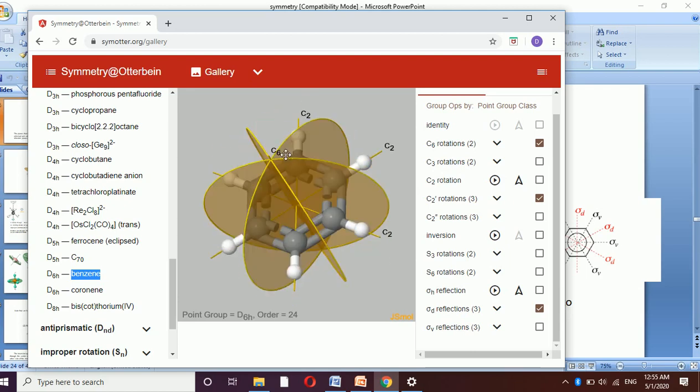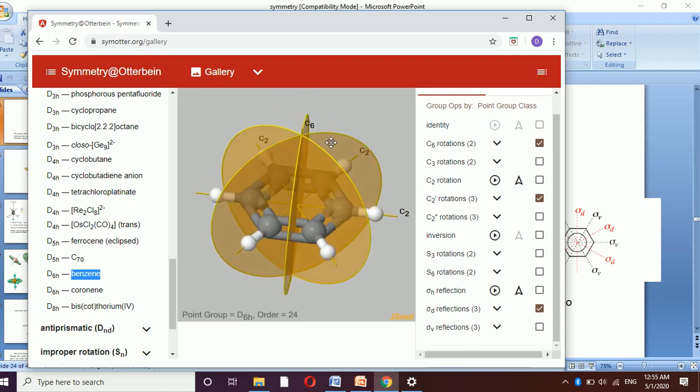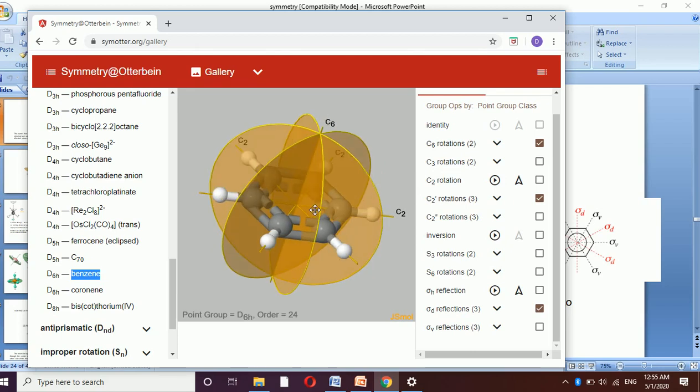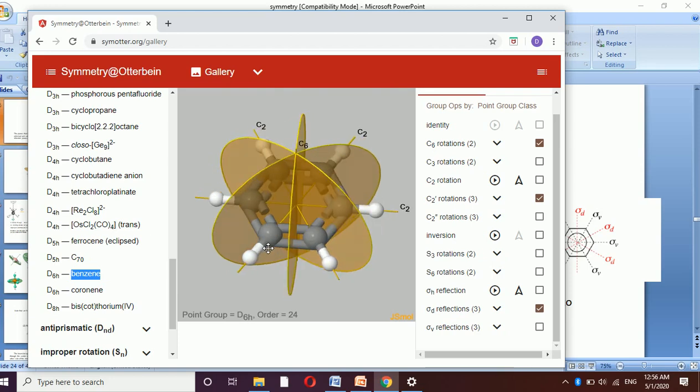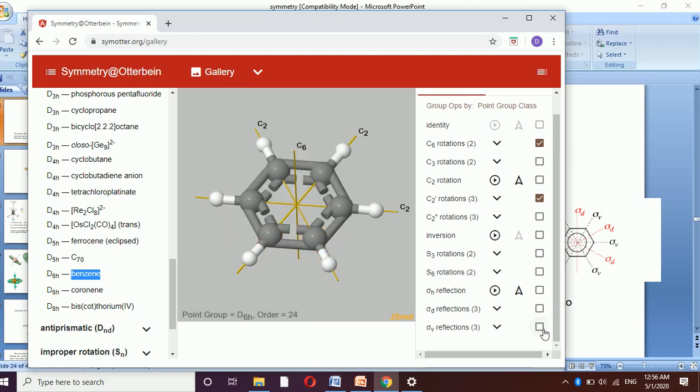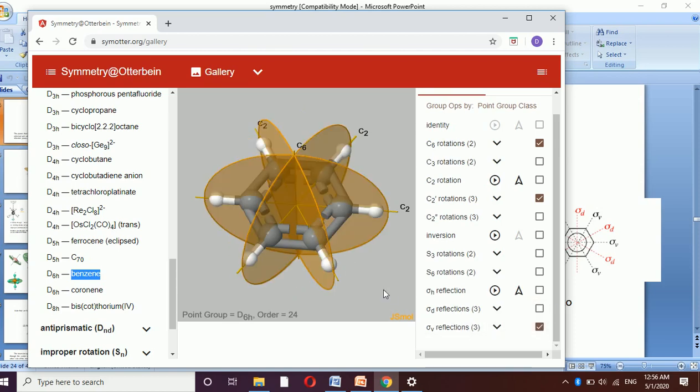You see the principal axis is here, C6 is the principal axis, and the C2's chosen are perpendicular to the principal axis, and the planes are bisecting the angle formed by the two C2 axes which are perpendicular to the principal axis. So those planes are called dihedral planes, and you understand the difference between dihedral and vertical planes.